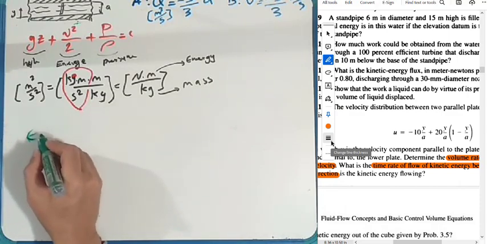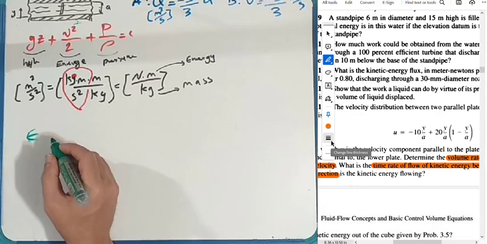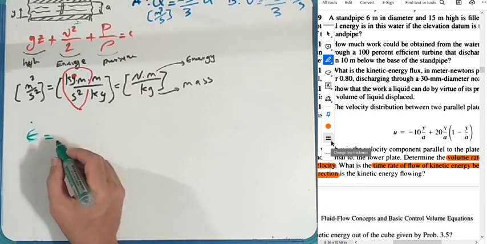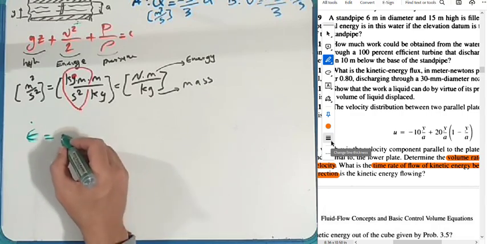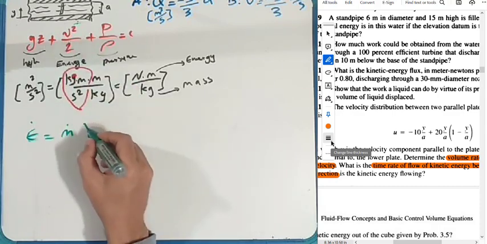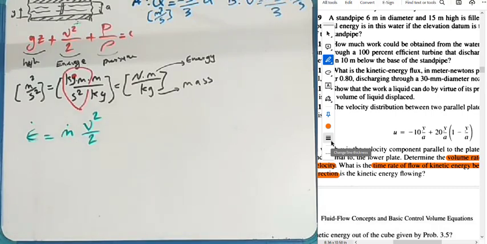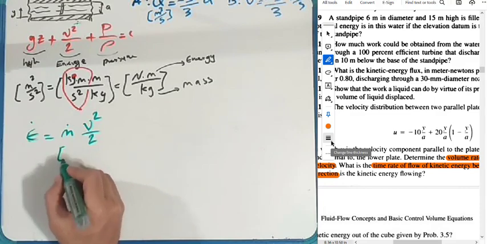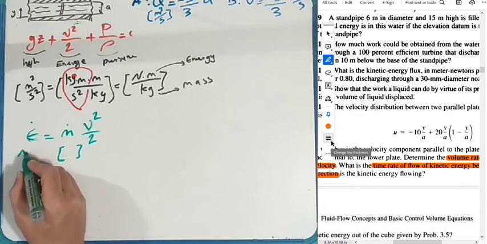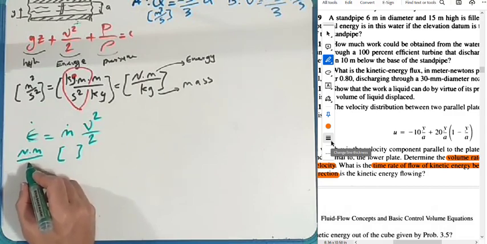Actually, I want to write E dot, energy divided by second, okay? M dot, and this term energy, U squared over 2. The unit of this one should be, of course, no matter, because this is energy per sec.